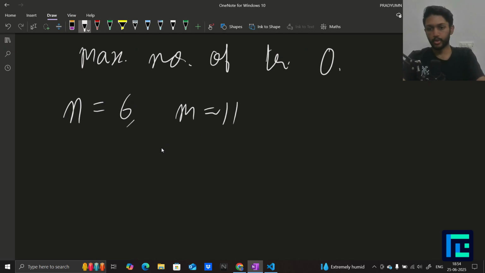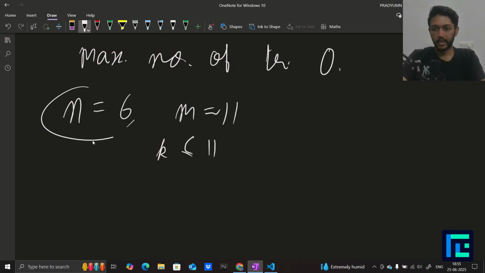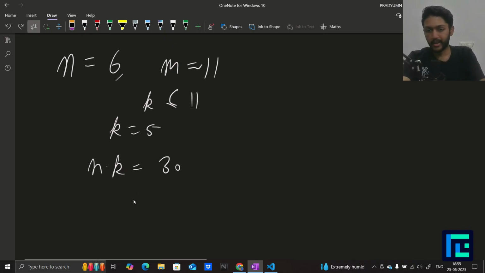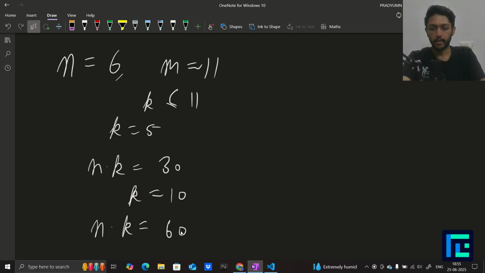So basically we can choose any k which is less than or equal to 11 and multiply it into this n. Let's say I choose k equal to 5, then n times k will be 30. So it has one trailing zero, so that is fine. But if I multiply by k equal to 10, then my n times k is 60.